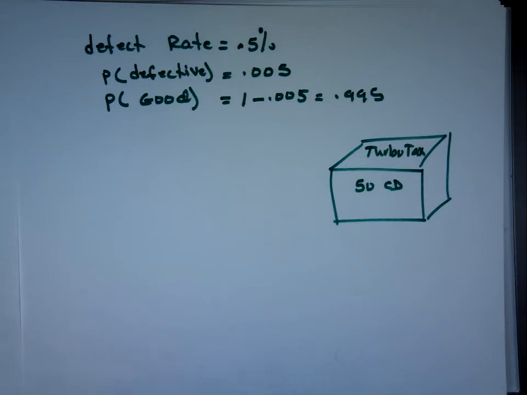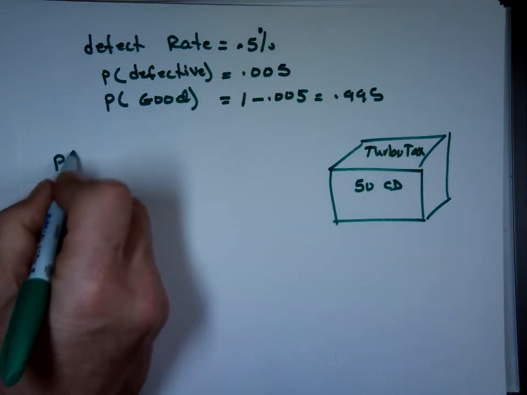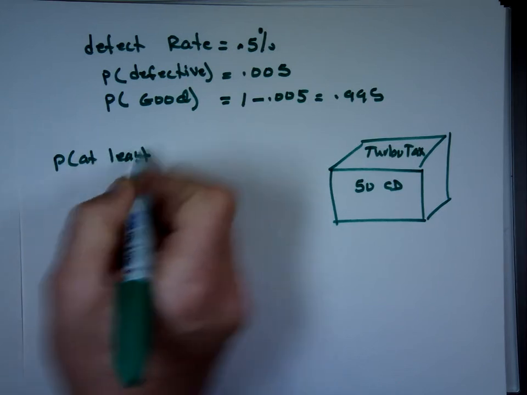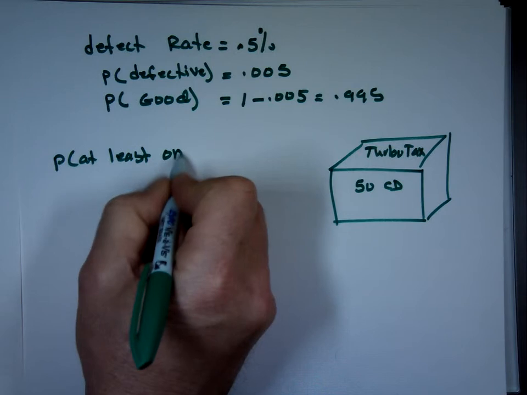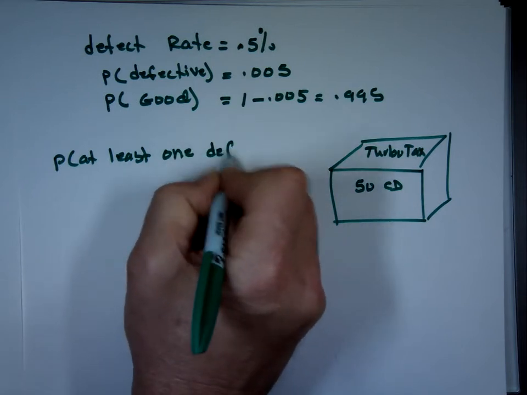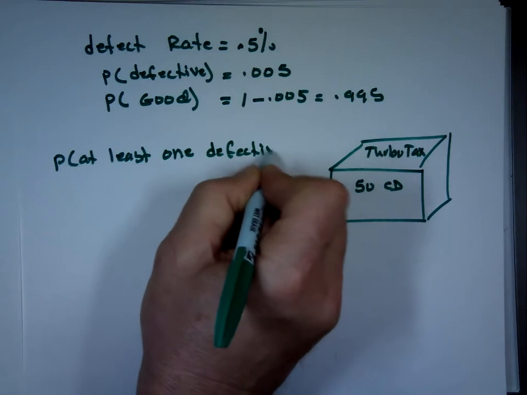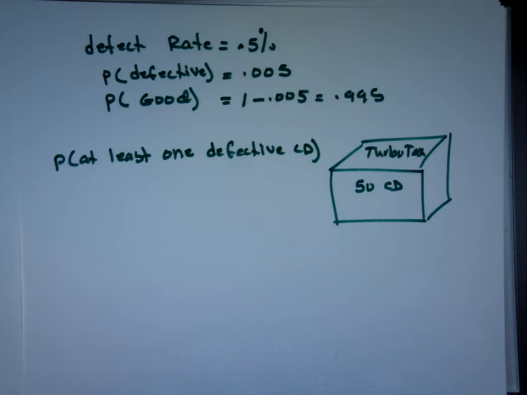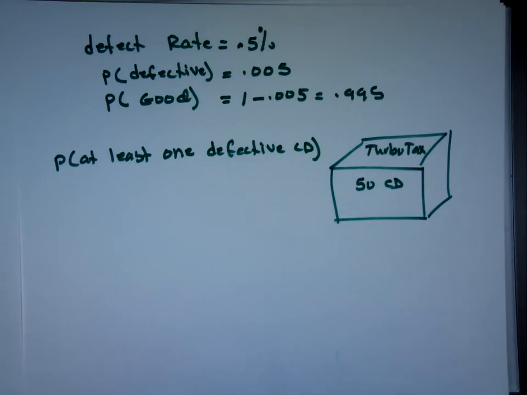And the question: what is the probability of at least one CD being defective? When you take a box of 50, what's the chance that at least one of them is defective?